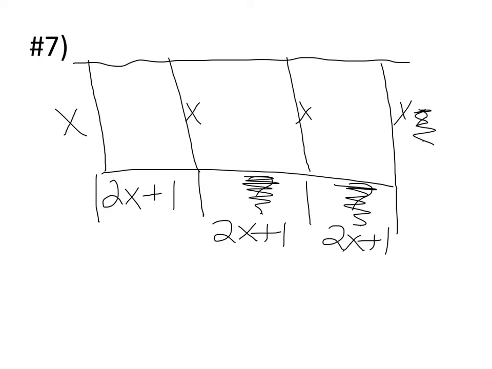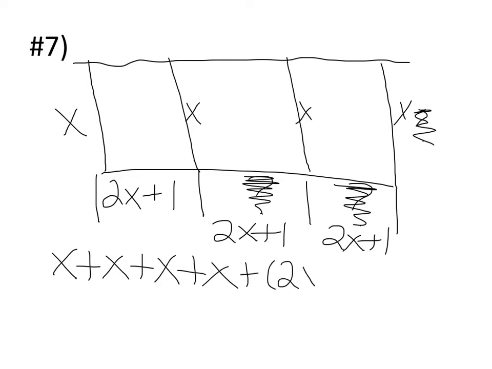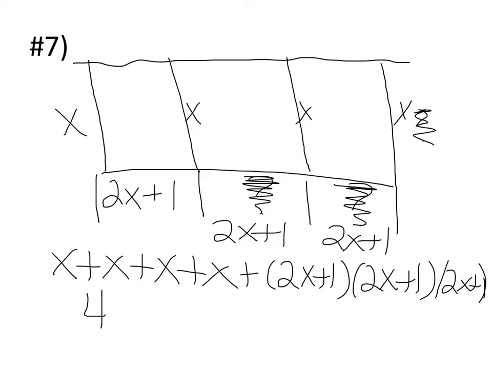So we know we have x plus x plus x plus x plus 2x plus 1 plus 2x plus 1 plus 2x plus 1. Okay, or we could have said we have 1, 2, 3, 4 x's. So we could have said 4x plus, and we know we have 1, 2, 3 of the 2x plus 1 quantity.